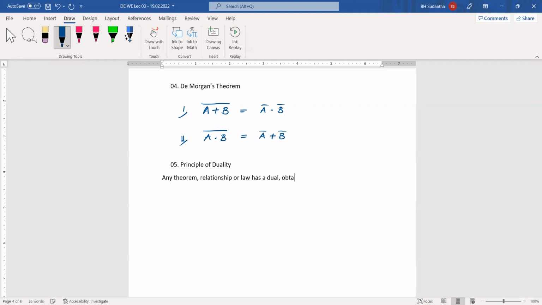How can we obtain it? Obtain it by replacing every occurrence of dot by plus, plus by dot, one by 0 and 0 by 1.